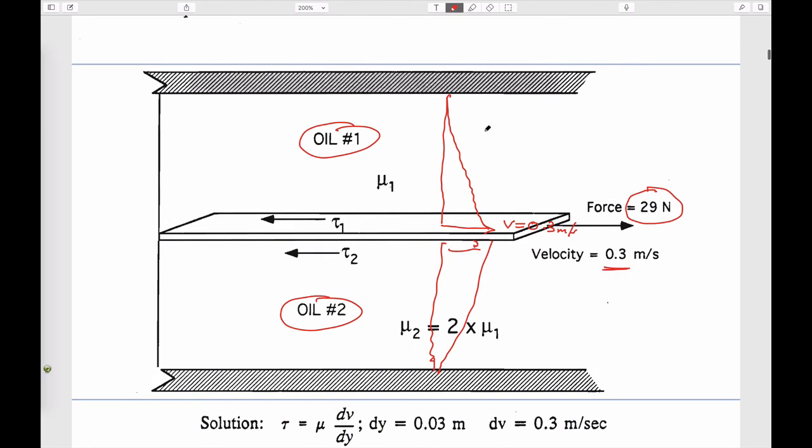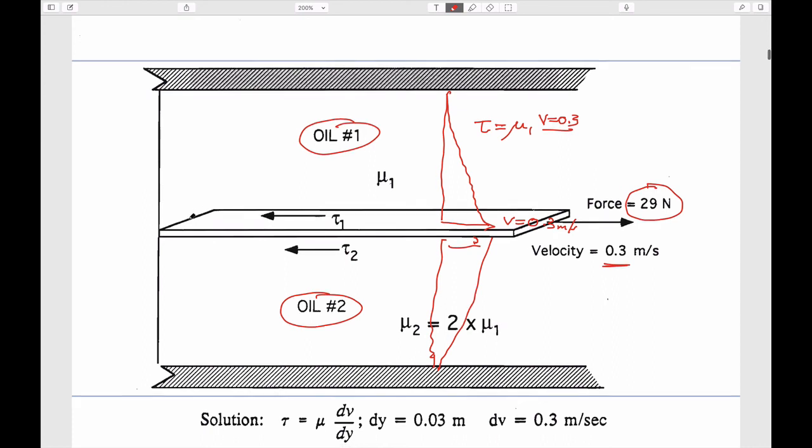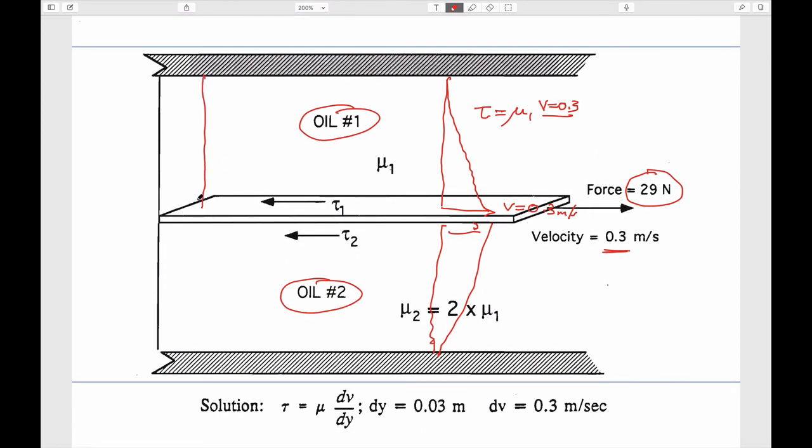And you could just write the equation, the shear stress applied on this plate is going to be the viscosity of fluid 1 multiplied by the velocity, which is equal to 0.3, divided by the length over which that occurs. I don't know what that length is, but it's somewhere in the problem statement, this length here, L. And also, there's a force due to the one in the bottom, which is going to be equal to viscosity 2 multiplied by the velocity, 0.3 meters a second, divided by the length over which it occurs.